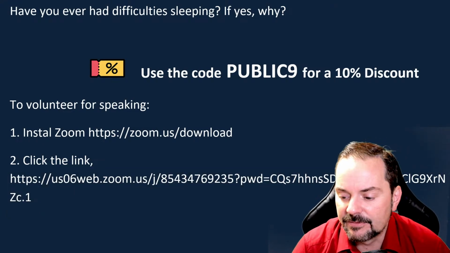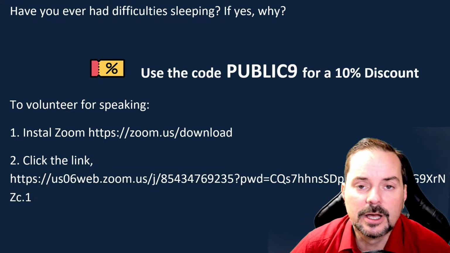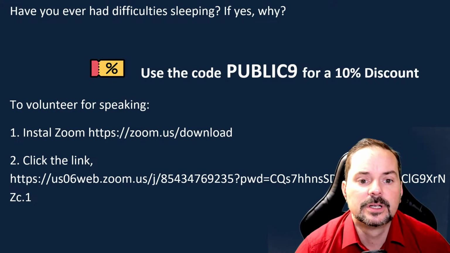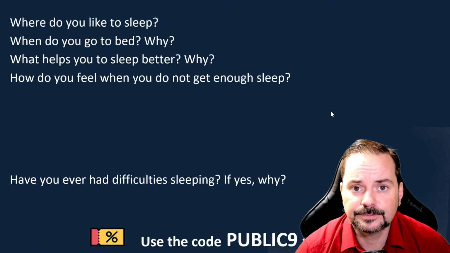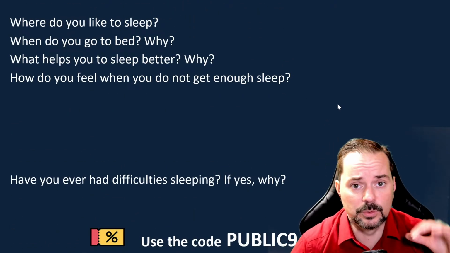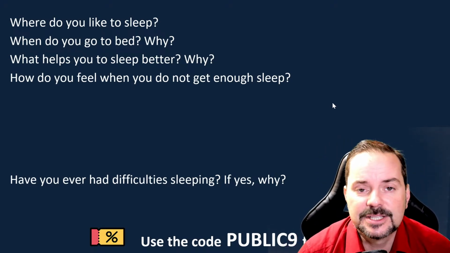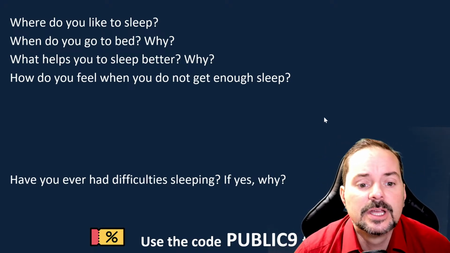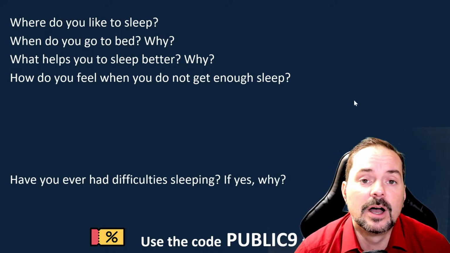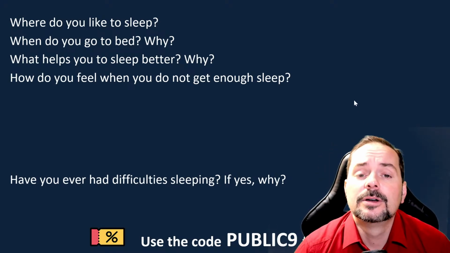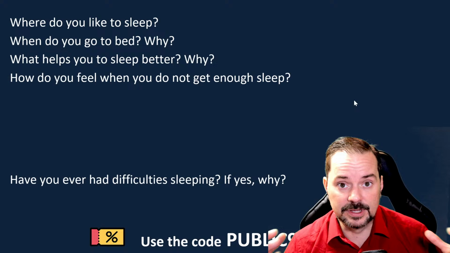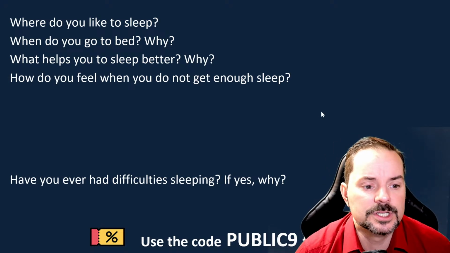I will let everybody into the Zoom session in a few minutes once we cover another question. And then you can practice all of these and I will give you more strategies, tips, and feedback, and you can hear your classmates answering these questions and get a really good idea of pronunciation, fluency, coherence, and how all these elements affect your scores.